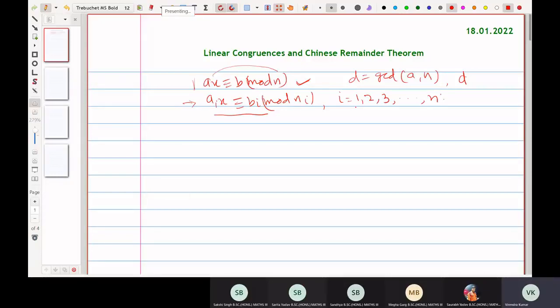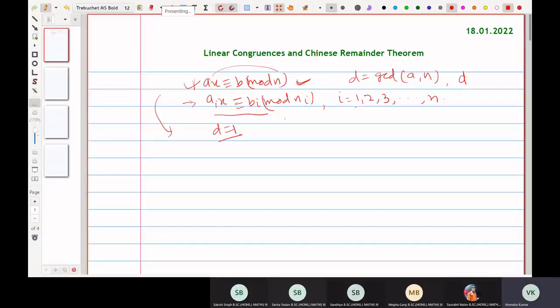So this was the assumption. One more thing is that if A and N are relatively prime, that is if D equals 1, then there will be only one solution. In that case, we can say that the equation has a unique solution.